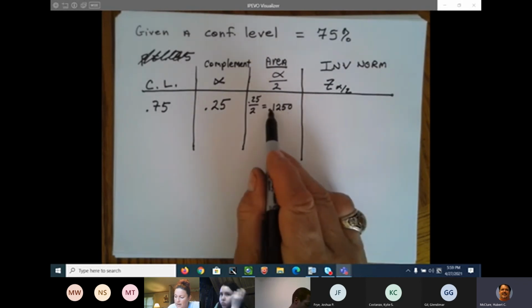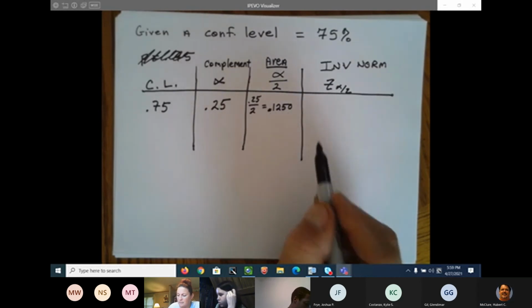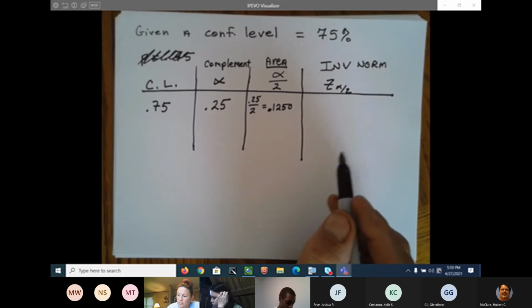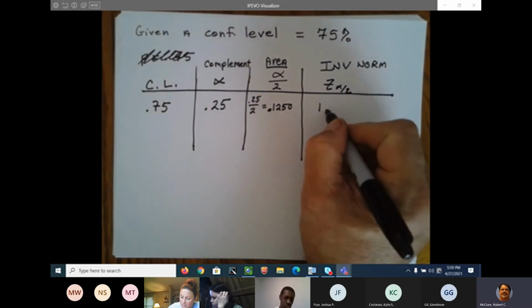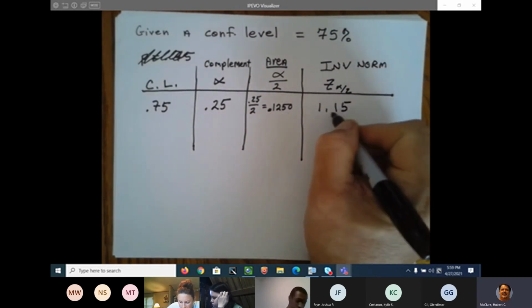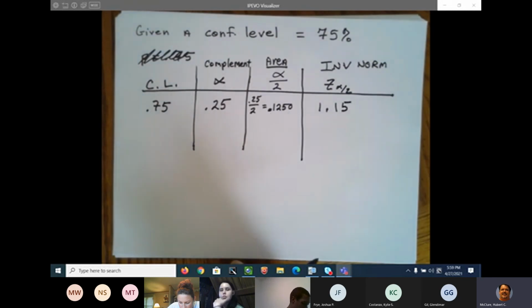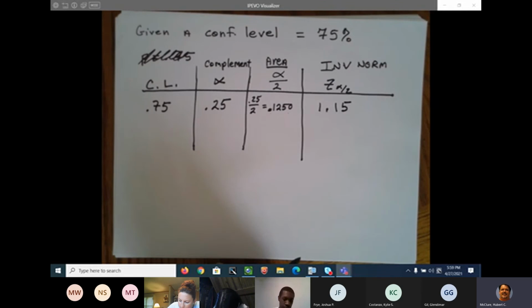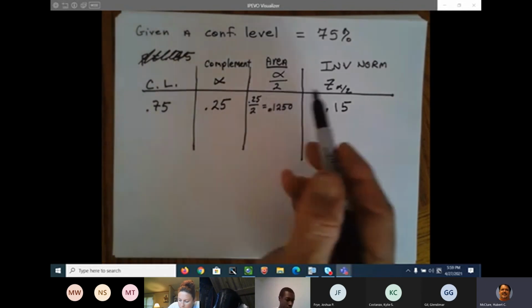Negative 1.15. Now we take the positive. We don't care about the negative because we're going to use the positive. So that's how you do 75%.